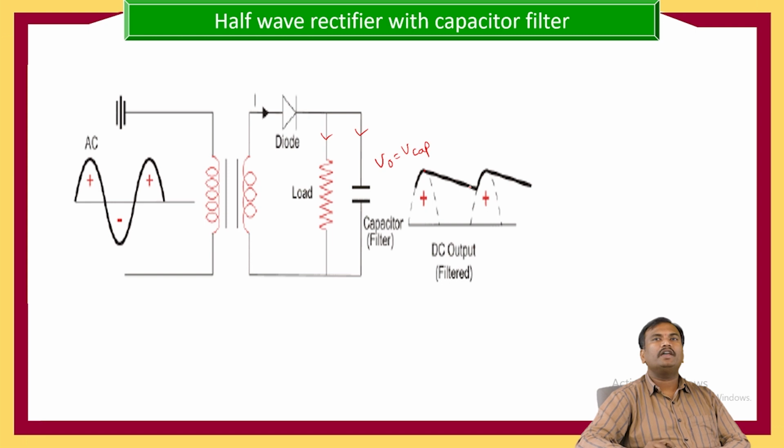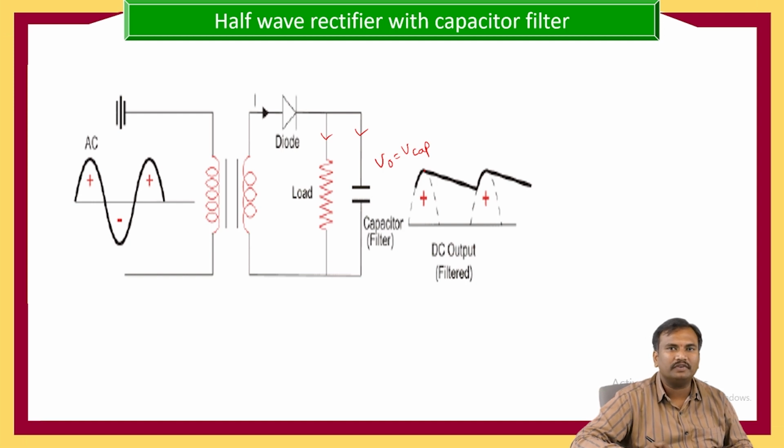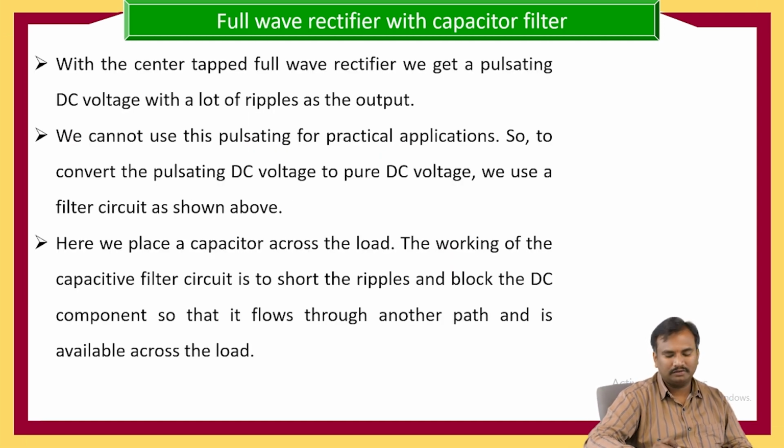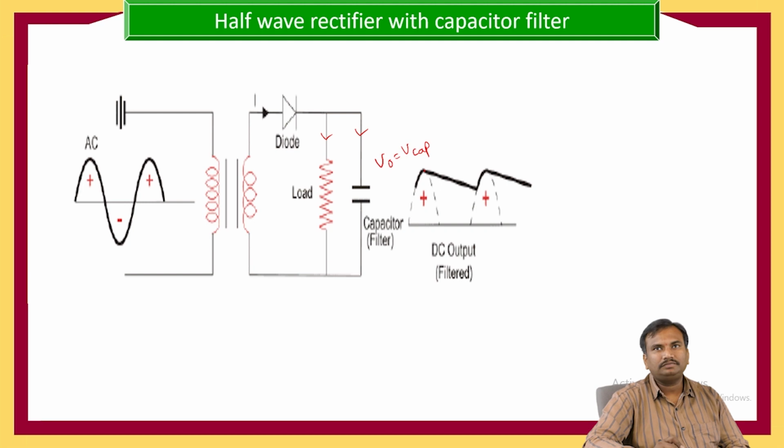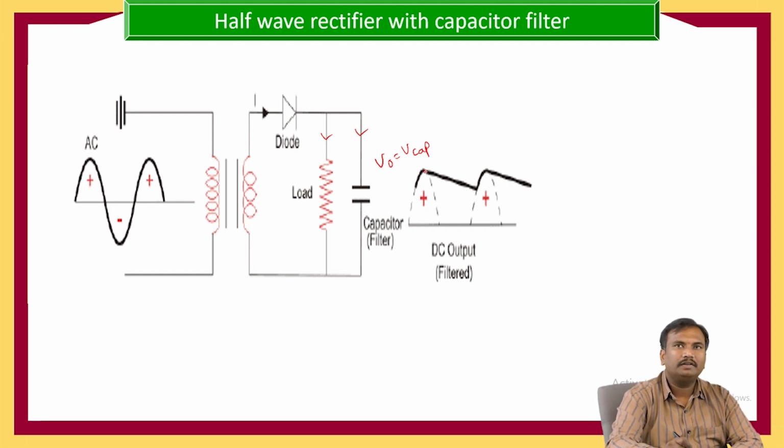Here we are assuming there is a continuous conduction of the capacitor voltage in the negative half cycle. After this point, the voltage reaches some reduced value, and this continues up to the next positive half cycle.